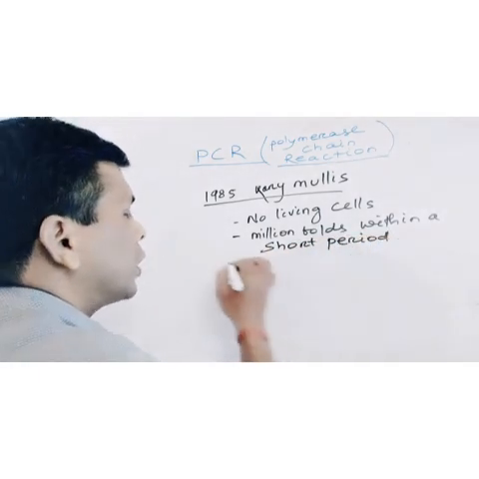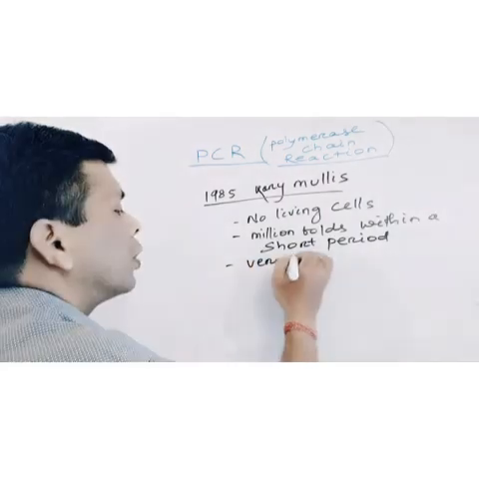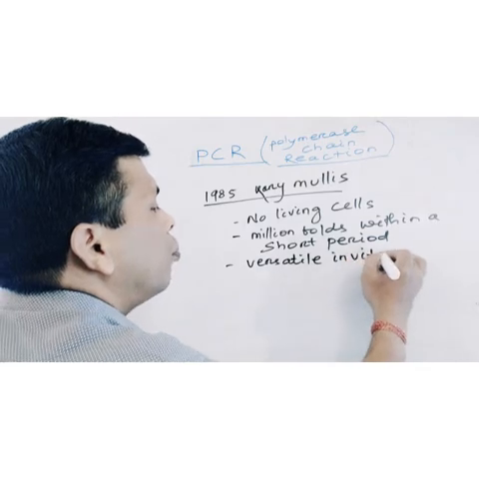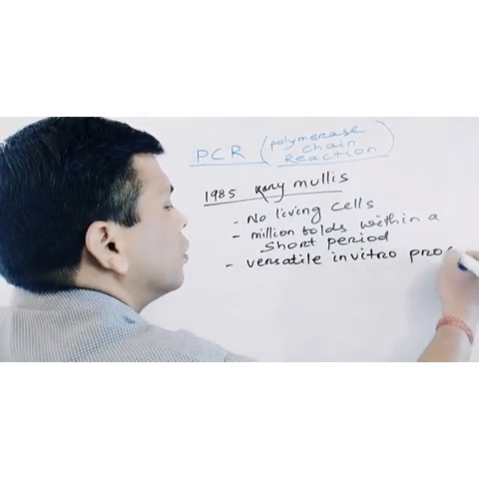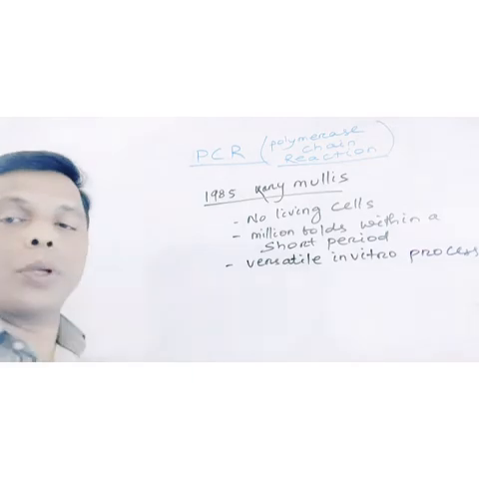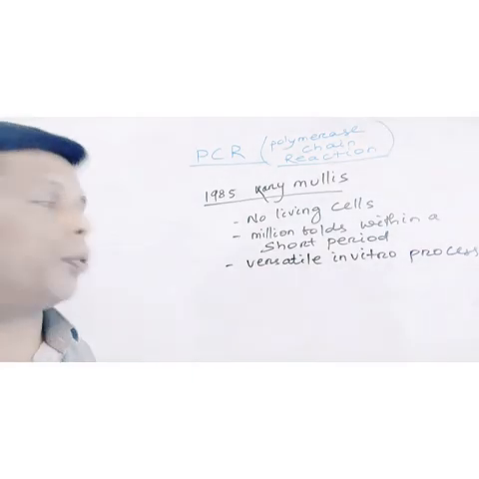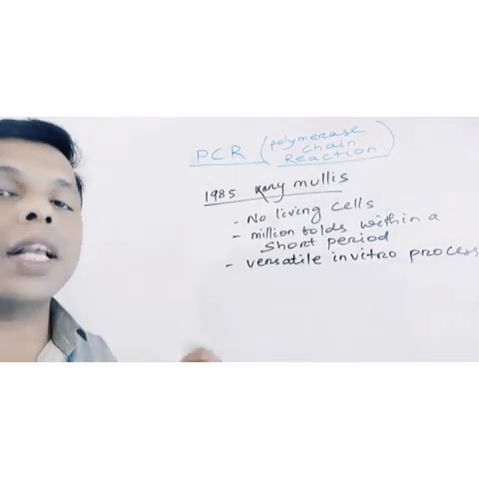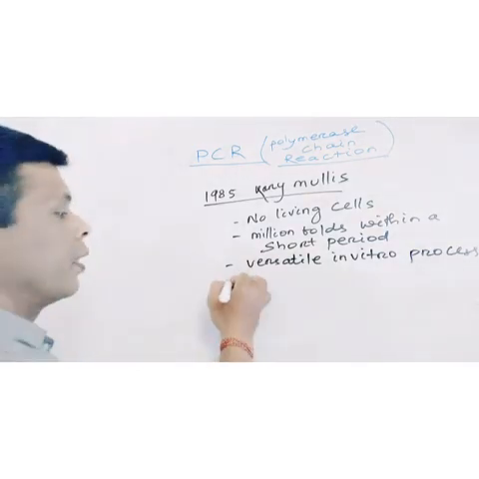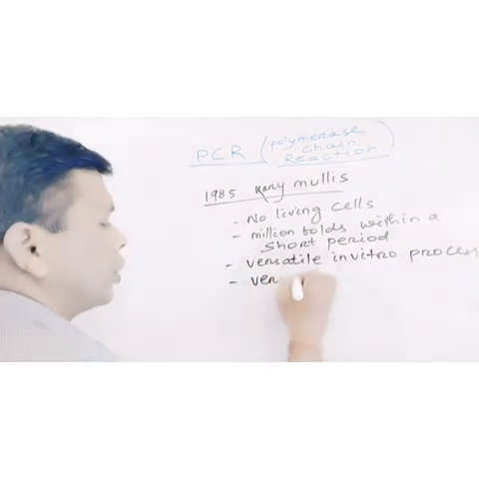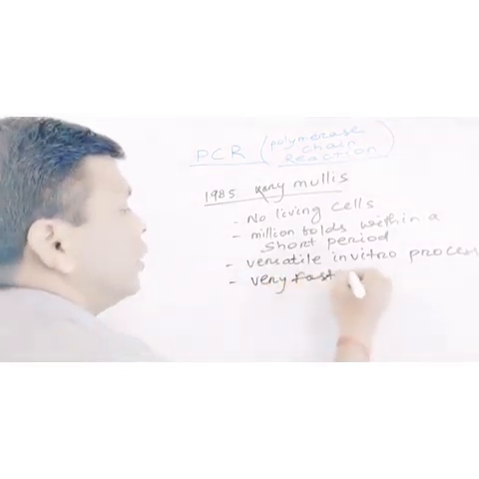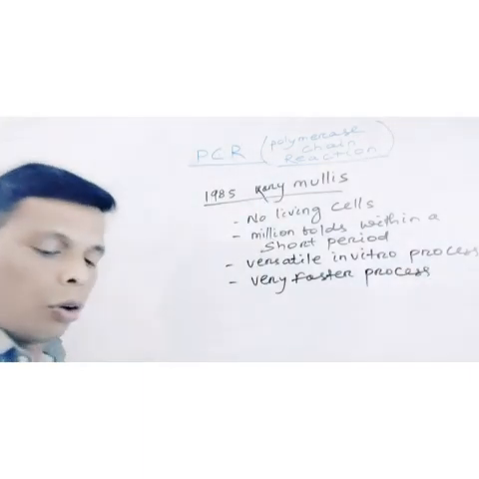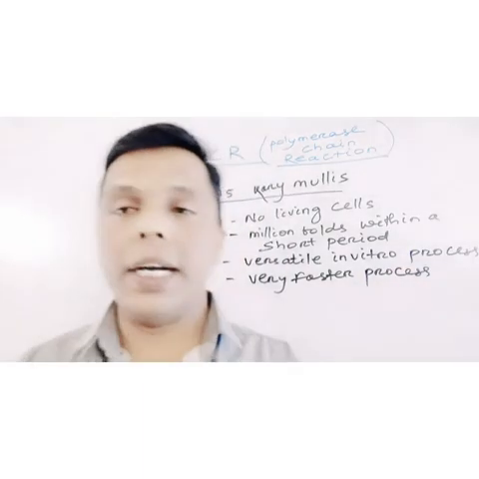It is a versatile in vitro process which can produce segments of DNA at a faster rate. Okay, it's a very fast process. These are the basic advantages of PCR over recombinant DNA technology.